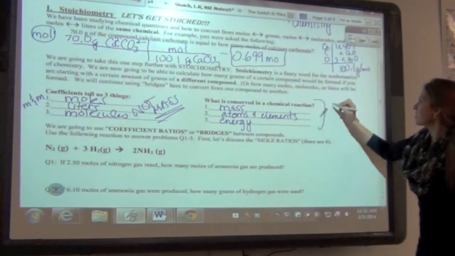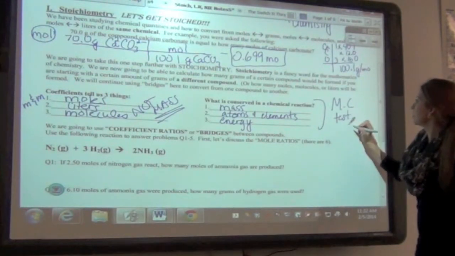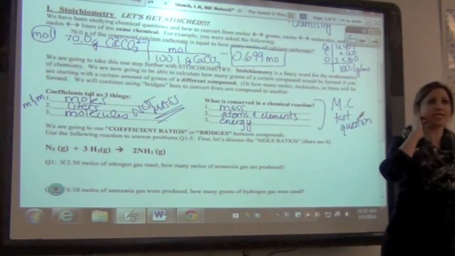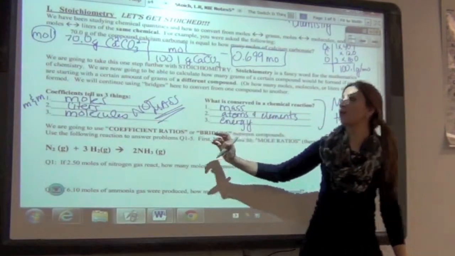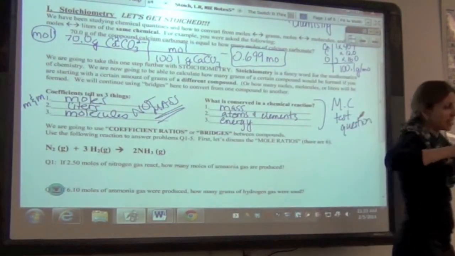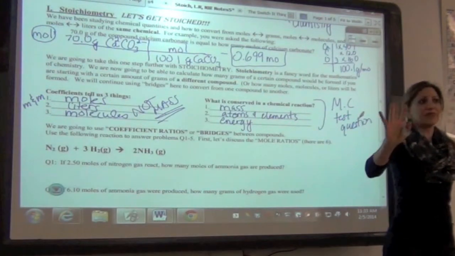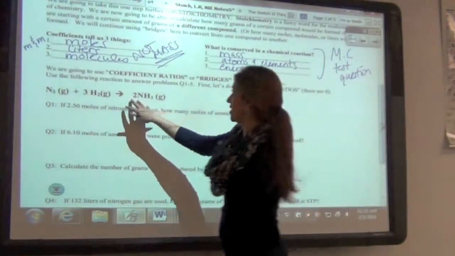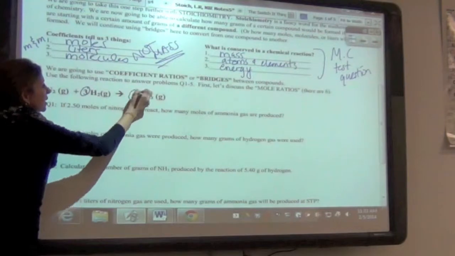Okay, this can be a multiple choice question. It can be done in multiple ways. It can be which of the following are conserved in a reaction, or what do the coefficients represent, and I want you to make sure, I wanted to do these both in the same place so that you could see the difference. So if you looked at a balanced equation, like this one right here, remember that that would be a 1 if there's no number there. It's a 1, a 3, and a 2.